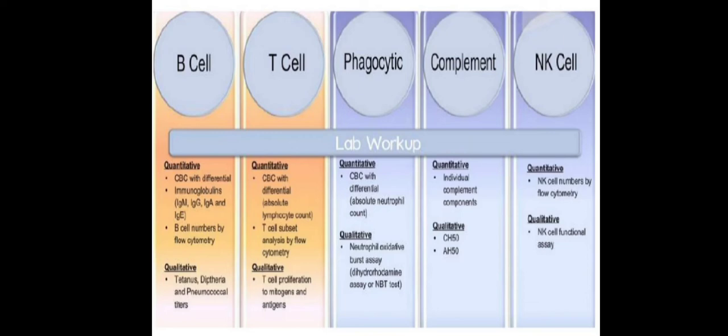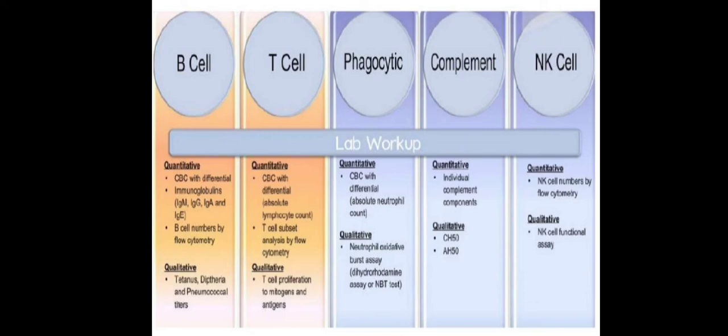Qualitative tests are tetanus, diphtheria, and pneumococcal titers. This is the titer of antibodies after giving these vaccinations. If they have enough antibody titers for the commonly given vaccines, then B cell disorders are ruled out.